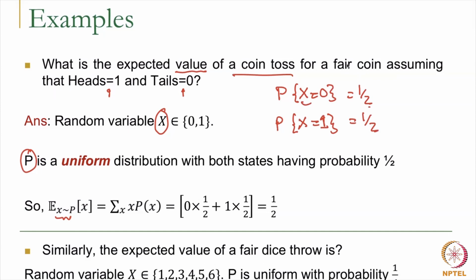So now this X is randomly drawn. When it is randomly drawn, it either becomes 0 or it becomes 1. That's the mathematical way of thinking about it. And as we have our formula for expectation as sum of small x, P of x, this is 0 multiplied by the probability of 0, which is half, plus 1 multiplied by the probability of 1, which is half. So the expected value is half.